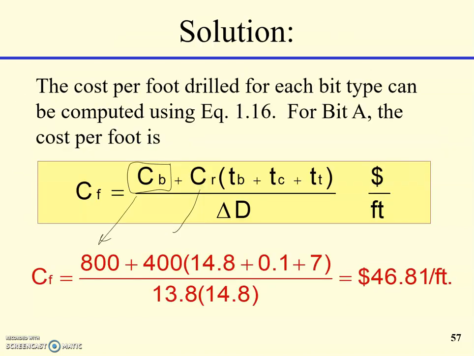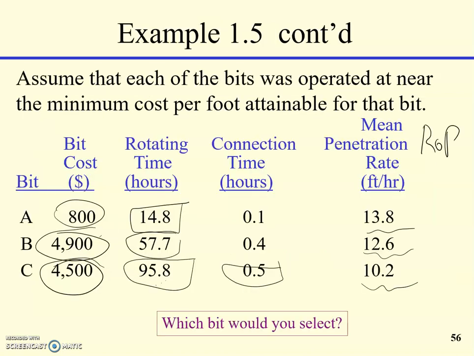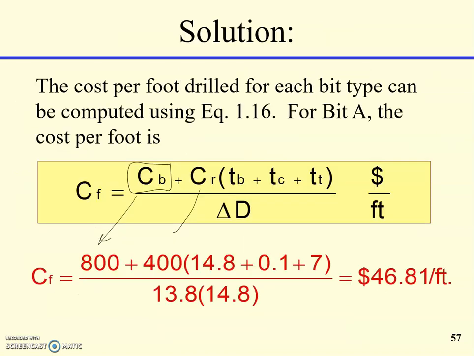Connection time is 1 minute, and then 7 hours of trip time. So we have all these added together, right? All the hours multiplied by the cost of the rig per hour. So these hours cancel out each other, and it gives us the drilling cost.